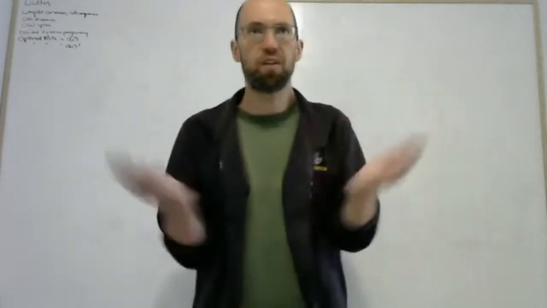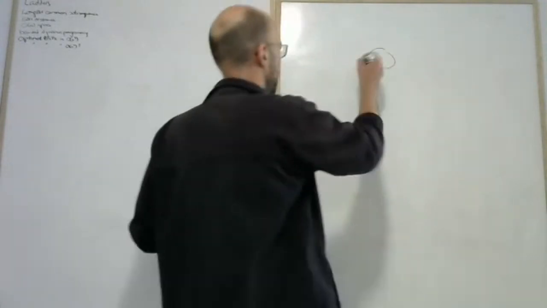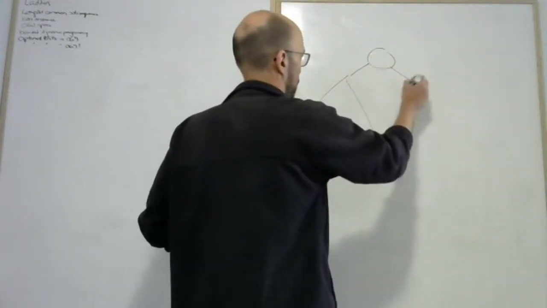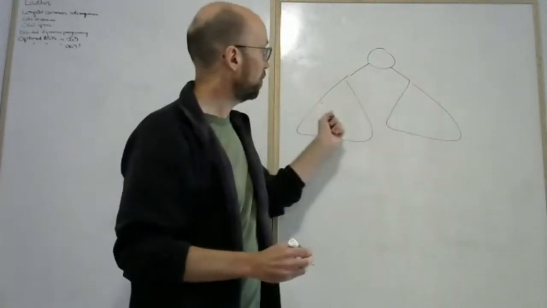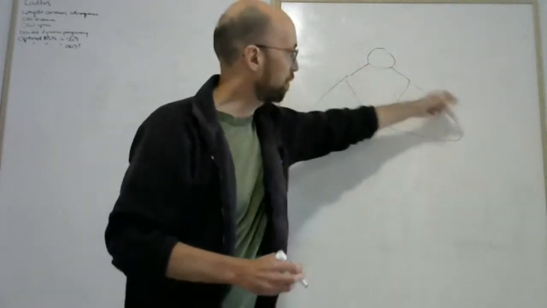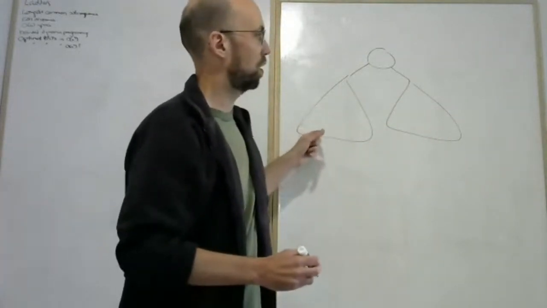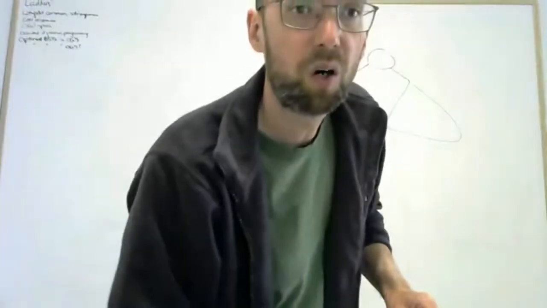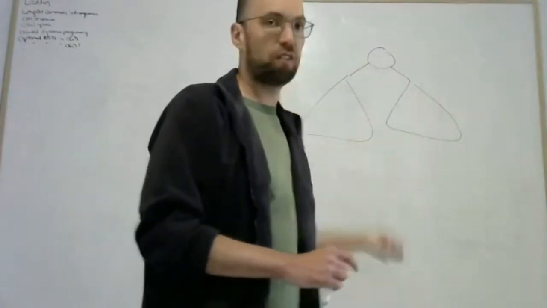Some key is going to be at the top, and then it's going to have a left subtree and a right subtree. The left subtree could be empty, and this could be apple, and everything else is in the right subtree. Or the left subtree could be everything except, say, watermelon, and this could be apple to tangerine. But empty subtrees are still subtrees.